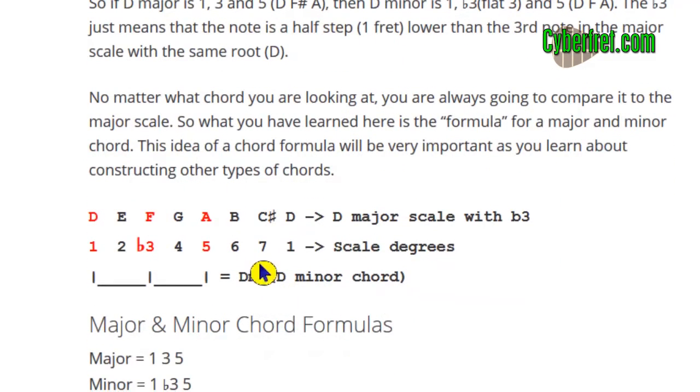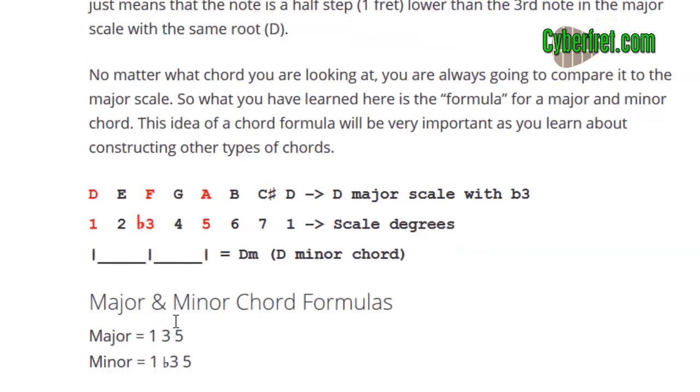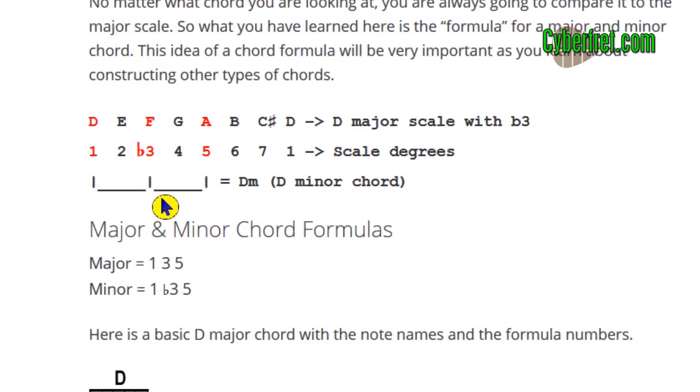Now, if we take a look at what the difference is between that D major chord and the D minor chord, well, the F note is a half step lower. And so what we do is we say that that F note, since it's a half step lower than the third degree of the D major scale, is referred to as flat 3.